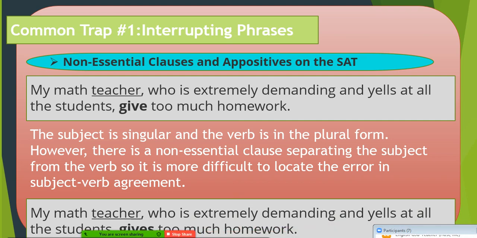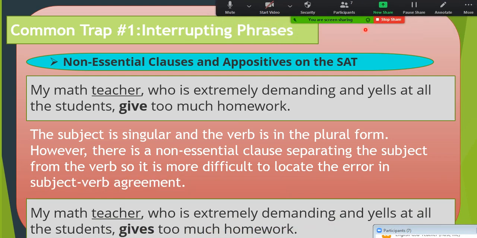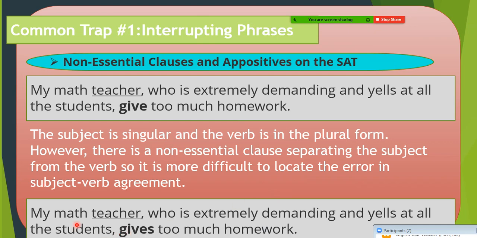No, Ahmed. We said that we are looking for the subject and the verb and whether they agree together, right? And in this sentence, where is the subject? My math teacher. And where is the verb? Give. Yes, this is the action that this teacher did.